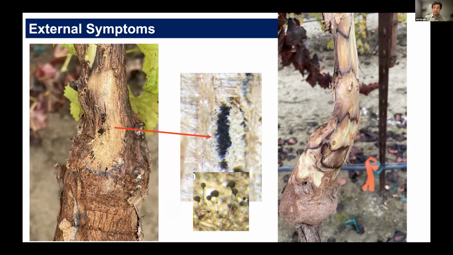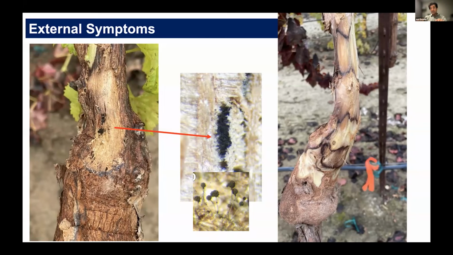I'm sure you are all aware of the grapevine trunk disease pathogens, which are Eutypa dieback, young vine decline, and Botryosphaeria canker. I gave a talk on that in last year's seminar. If you remember, these pathogens can infect grapevines through wounds caused by us during dormant pruning, right? That's why we have pruning wound protection.